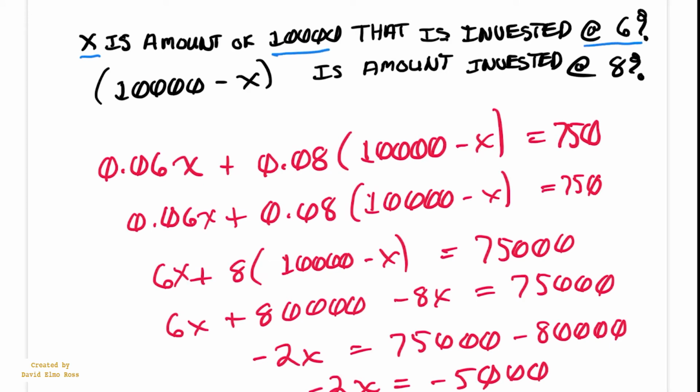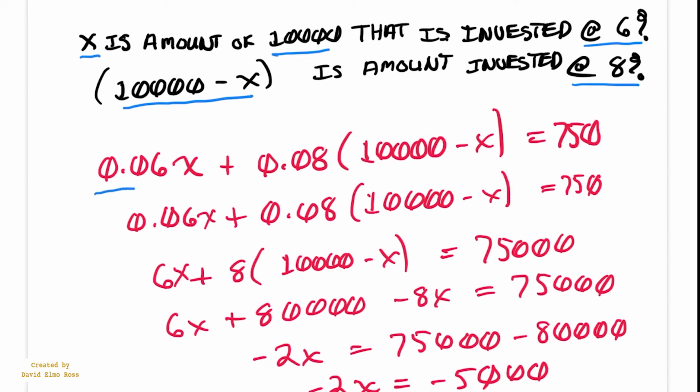And what we did previously was we said, what happens if X is $5,000? Then 10,000 minus 5,000 is $5,000. So that would be an equal split, where one is invested at 6%, one is invested at 8%. And we saw the number that came out of this was $700. So we thought, maybe these two amounts are pretty close to being the same. Let's see if that bears out with what we do.